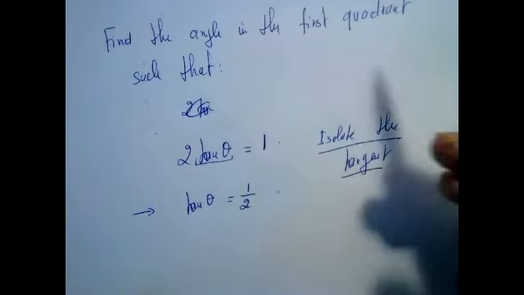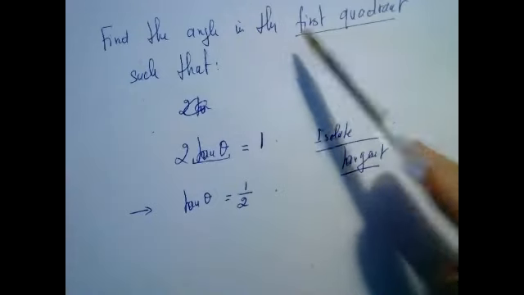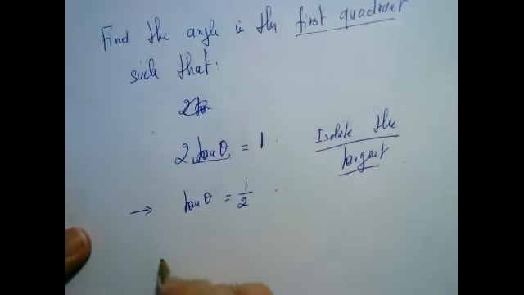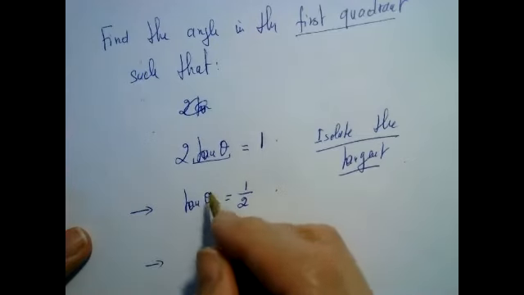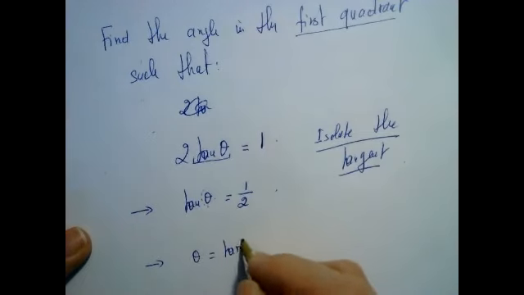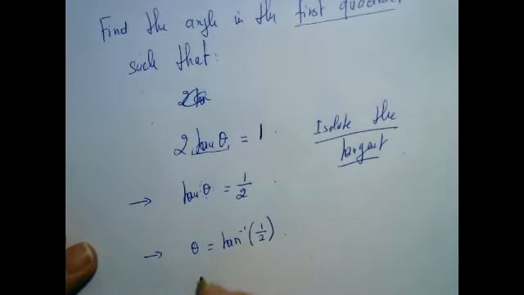And this time I'm asking for one angle in the first quadrant that satisfies tangent theta equal to half. So it means I know the tangent. This means that theta equals, I'm not asking about a lot of them, I'm asking about one of them. Tangent inverse of 1/2.